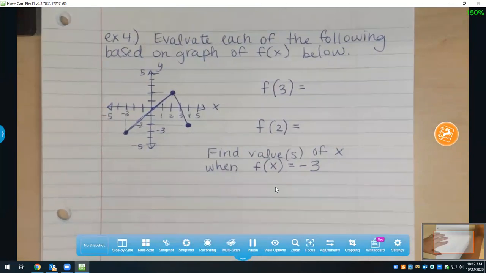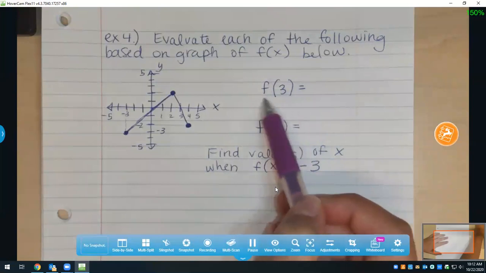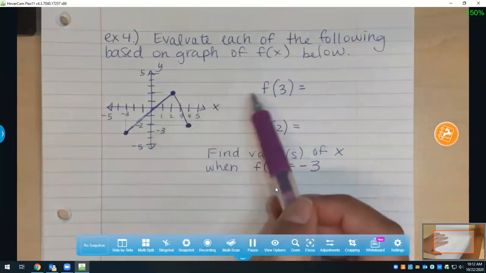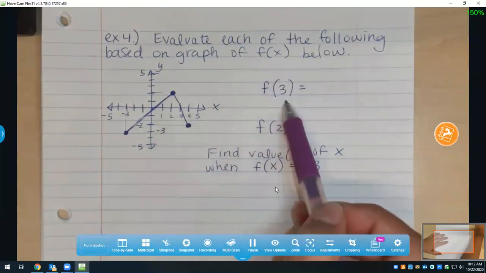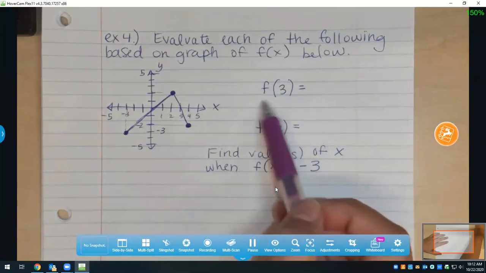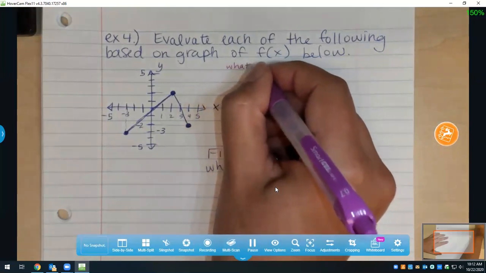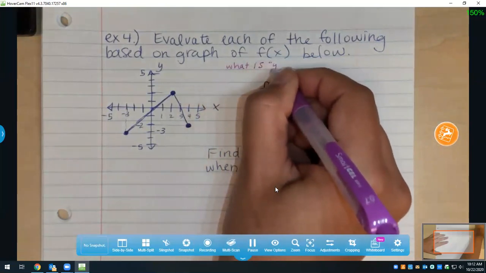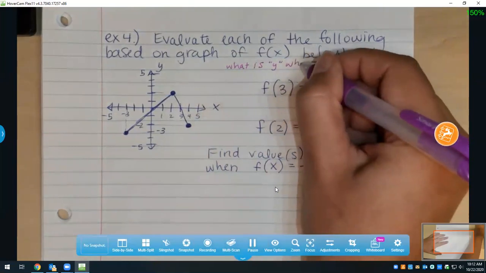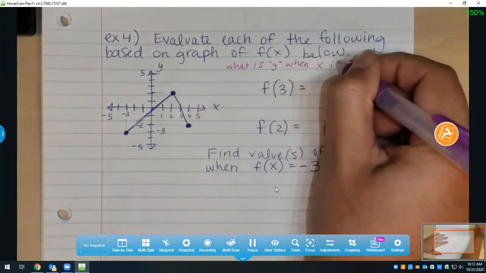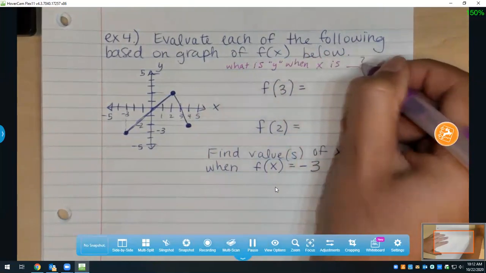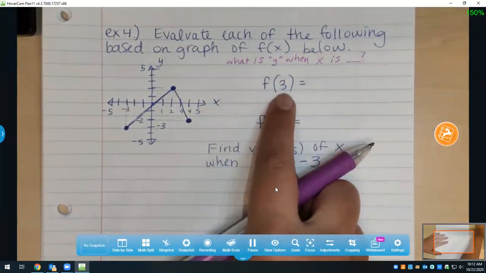Evaluate each of the following based on the graph of f of x below. So you're going to be asked to read graphs and answer problems like this. What this is really asking is: what is y when x is whatever the value of x is?